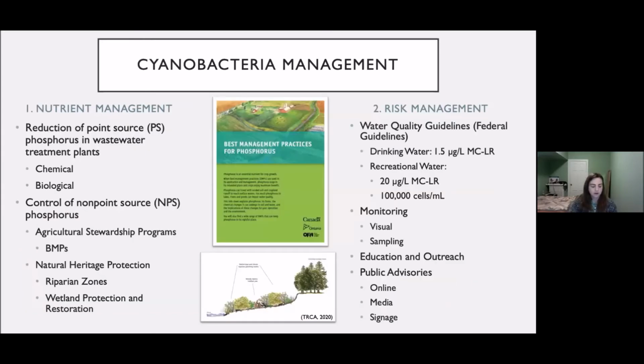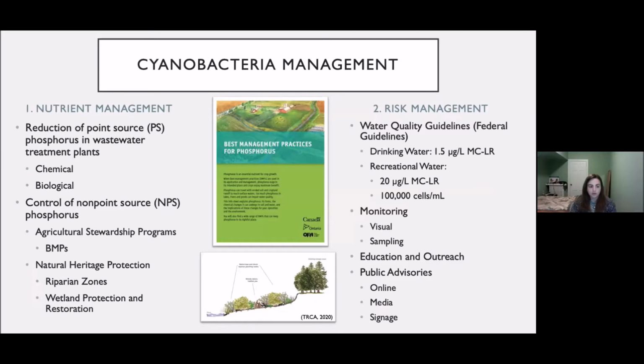Okay, so how we manage cyanobacteria blooms in Canada is nutrient management and risk management. Nutrient management is the active reduction of nutrients from anthropogenic sources. Point source nutrient loading is dealt with mainly in wastewater treatment plants using chemical or biological means of phosphorus or nutrient reductions.